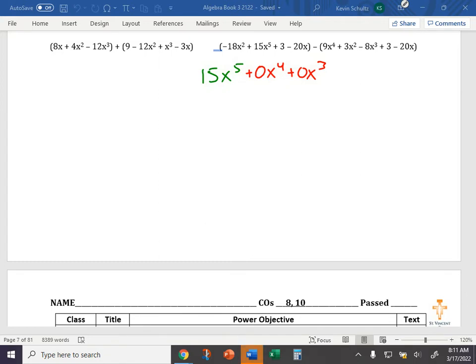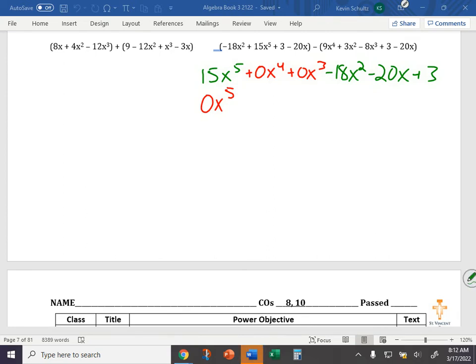Right? I do have an x squared term. I do have an x term. And I do have a constant. My second expression, I do not have an x to the 5th term, so I'm going to note that by saying 0x to the 5th here.